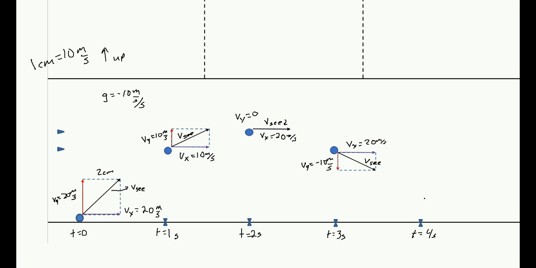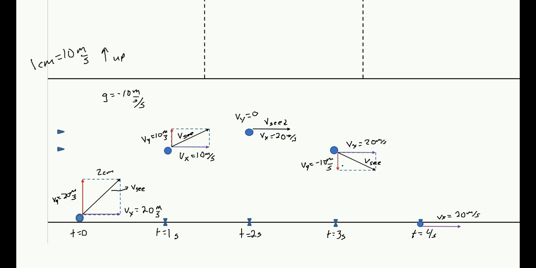Continue on to 4 seconds. Object's pretty much down here near the ground, maybe not dropped below the ground like I have it here. And horizontally, still has a horizontal velocity of 20 meters per second. Right, this whole thing is before it hits the ground. Sorry about that.